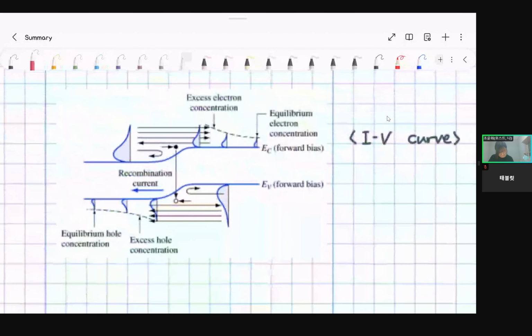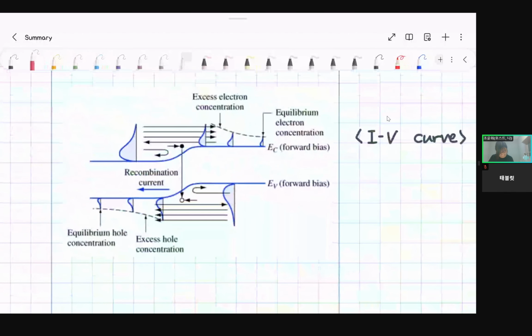But if we apply a bias to this PN junction, this barrier gap is narrowing. This barrier goes down, so we can see much more current flow.